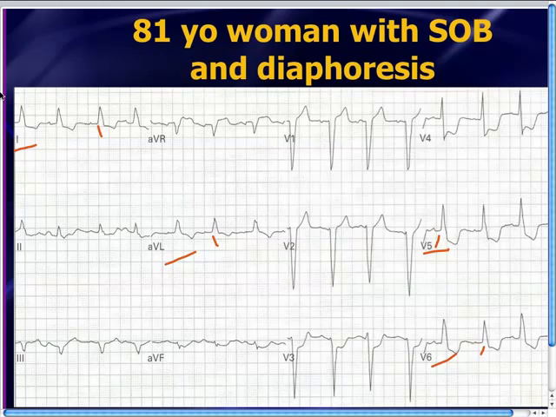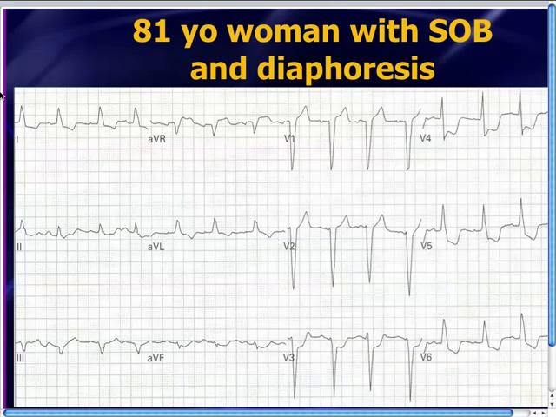If we found out that this was a new left bundle branch block pattern, given her concerning anginal type of symptoms, we would, even without the pain, again, this is an anginal equivalent in an elderly woman, we would say that this is qualifying for going right to the cath lab or for a dose of TPA because she has a new or presumed new left bundle branch block pattern.